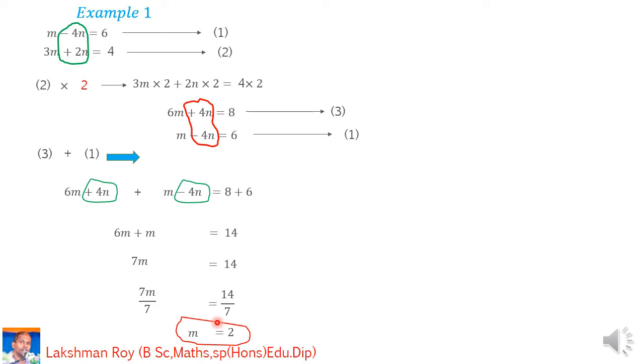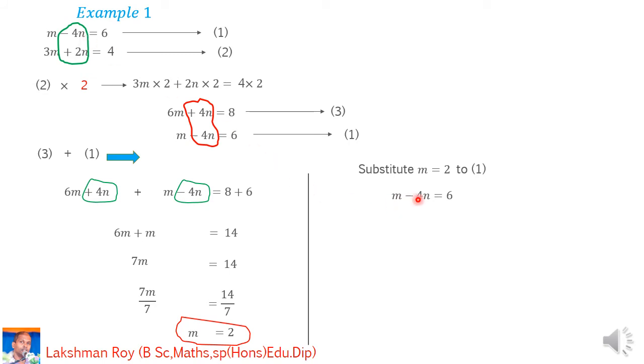Now you can try to find the other variable, n. You can substitute this m value into the first, second, or third equation. I like to substitute this m value into the first equation. Let's remind ourselves of the first equation: m minus 4n equals 6.